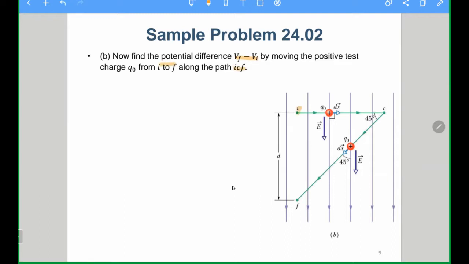This is I, this is C, this is F. If we just consider these two points, it is the same as the one we've done in part A. But here we go for another path from here to here, and then back to point F.